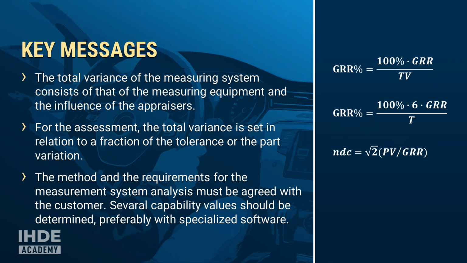For the assessment, the total variance is set in relation to a fraction of the tolerance or the part variation. The method and the requirements for the measurement system analysis must be agreed with the customer. Several capability values should be determined, preferably with a specialized software.